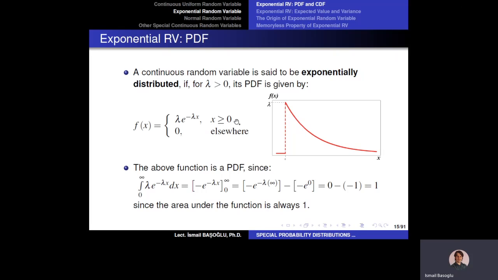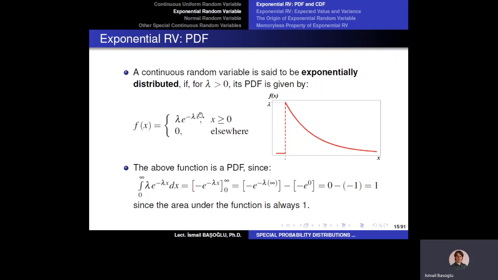And for non-negative values, the density function is defined in this form, which is lambda times e to the power minus lambda x. So here, obviously, the PDF is a function of the x value, and lambda is the parameter of this distribution.